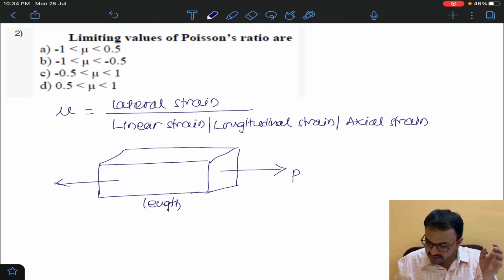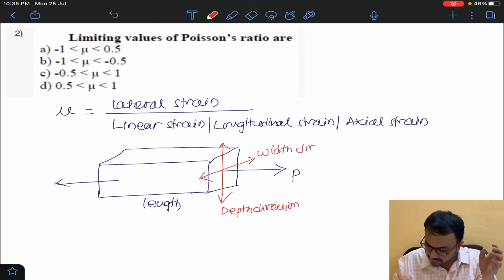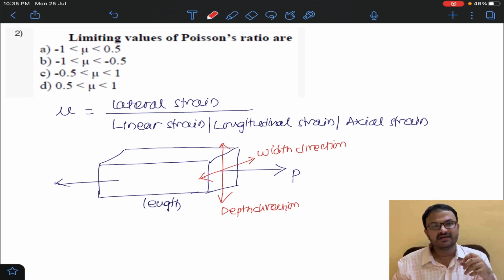And perpendicular to this length, this direction is one direction and this direction is another direction. This is the depth direction. This is the width direction. So lateral strain means there is a strain along width, along depth. So finally, Poisson's ratio is the ratio of lateral strain to longitudinal strain.